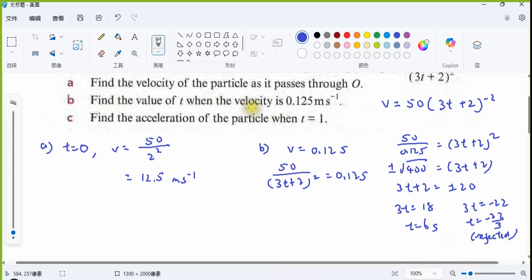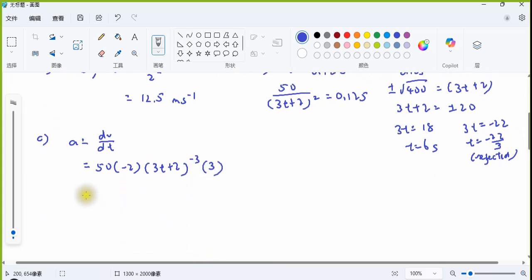C, find the acceleration when t equal to 1. So we know that acceleration is dv/dt, the first derivative of v. So it will be 50 times negative 2, (3t plus 2) to the power negative 3, times 3. So it will be negative 300 over (3t plus 2) to the power 3.